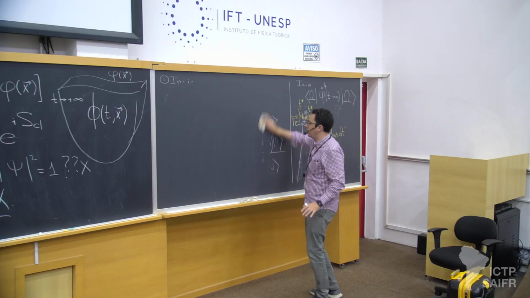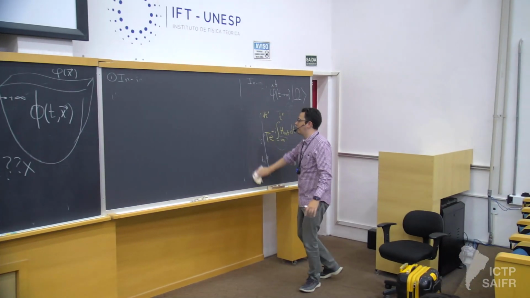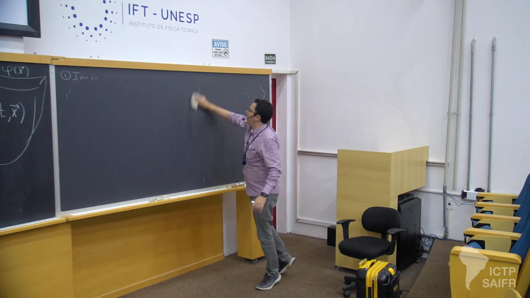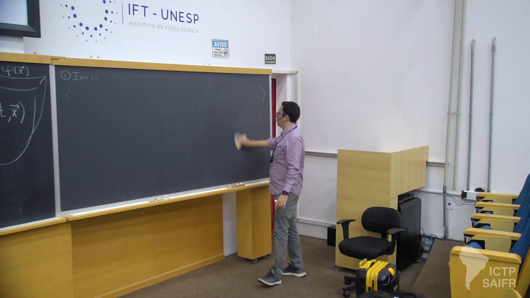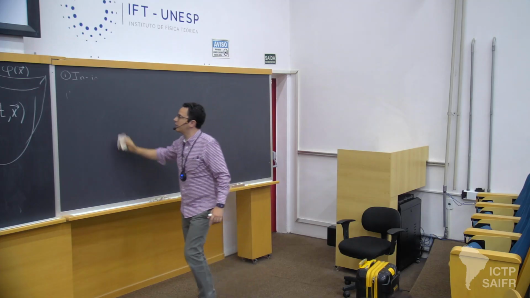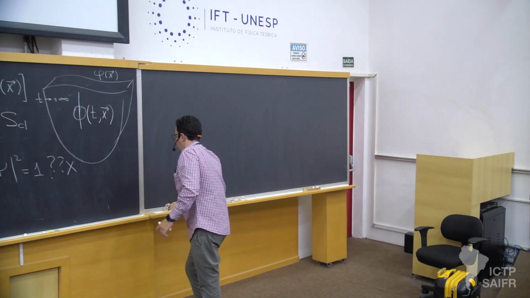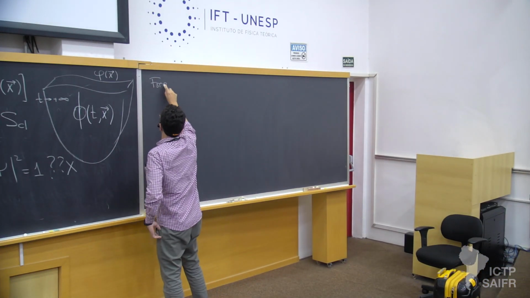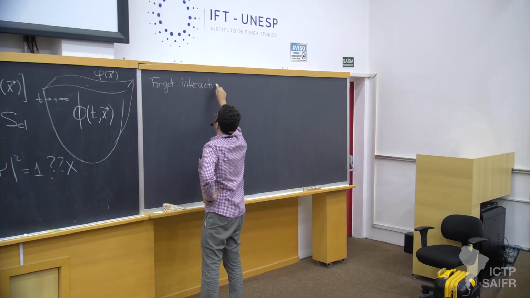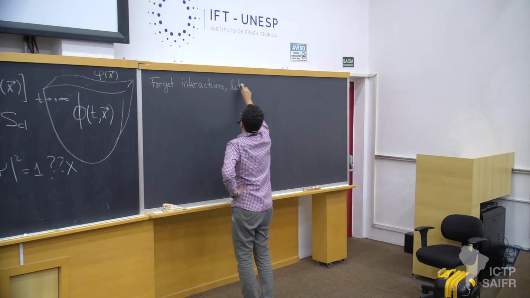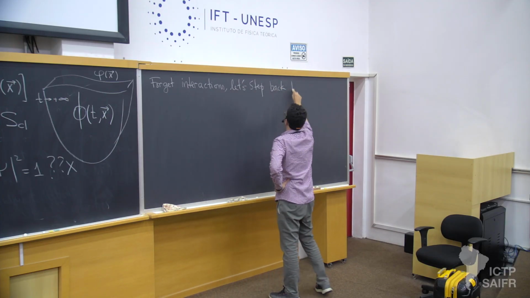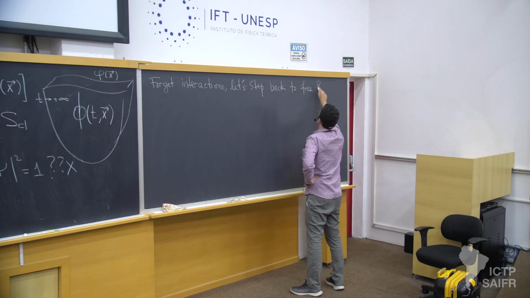Just to contrast, I'm going to do it for the Gaussian free field, so there's no interaction Hamiltonian. So the analog of in-in would be canonical quantization, and let's see how the wave function works. This is very illustrative, so forget interactions. Let's step back to free fields.